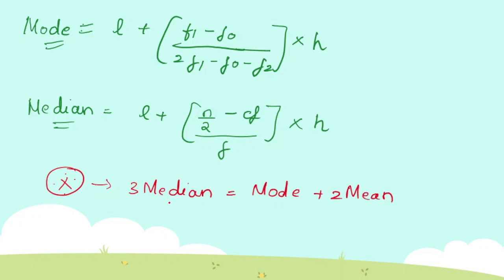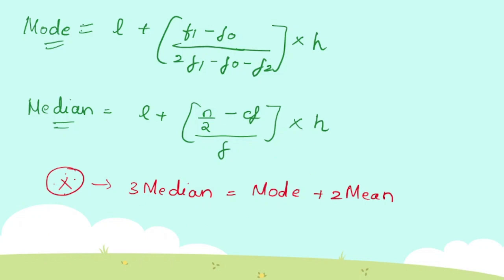In the question, they will give you the median and the mode and ask you to find the mean, or any two of the three will be given and you have to find the rest. Either mean or mode will be given and you have to find the median. So you can interchange the formula and find the answer. So this is for statistics. These are the most important formulas that you have to know for statistics.